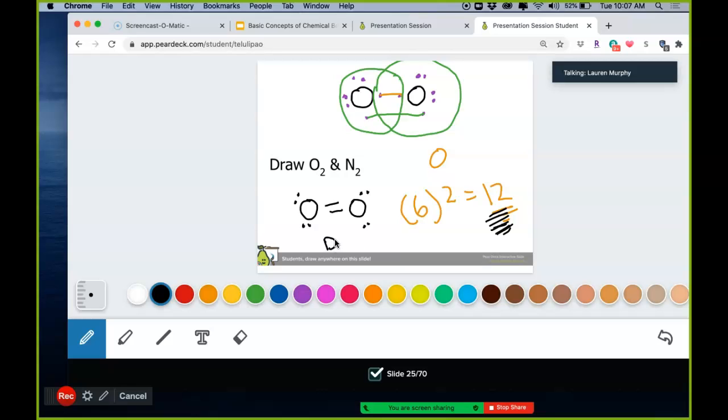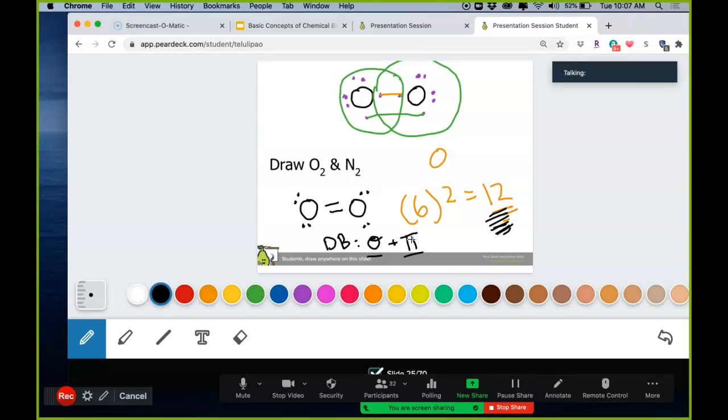A double bond consists of a sigma bond and what's known as a pi bond. We will get into that later. Just for right now, memorize it, okay? A sigma and a pi bond are involved in a double bond. All right, so this is O2.